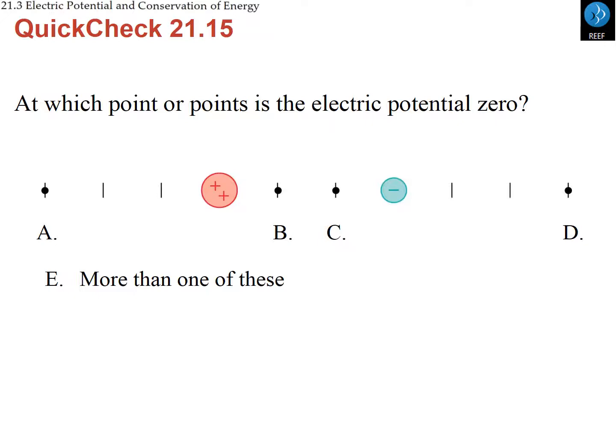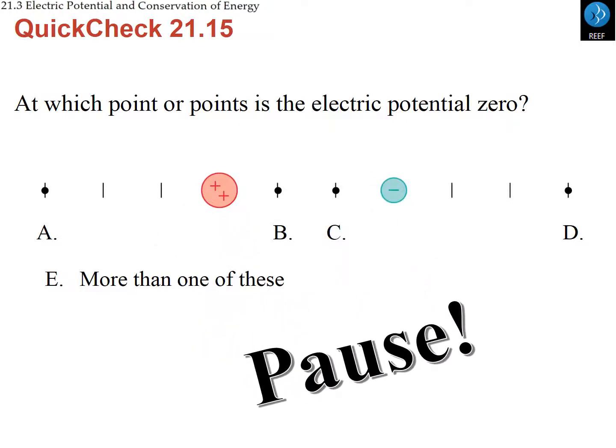So here you have to think whether, for instance, this point here, is it possible that I can have 0 electric potential here? Well, probably not, because it's too close to this one and too far from that one. They're going to give opposite contributions. This one is going to give a positive contribution to electric potential, whereas this one is going to give a negative contribution. Except that this one being too far will not cancel the one from this one, and so on. So please look at the drawings, look at the dots, and pause, think, and answer.